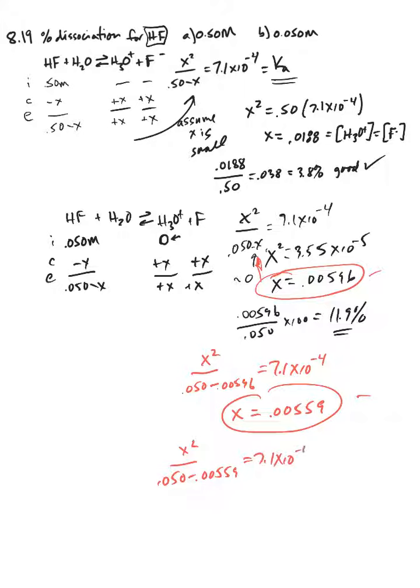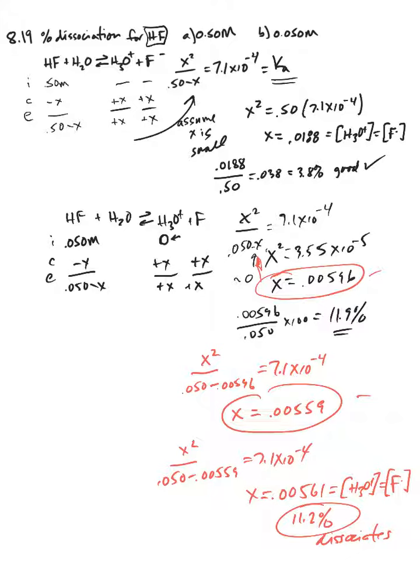And that is exactly what we get. Our third x ends up being 0.00561. This ends up being 11.2% of the acid dissociating.